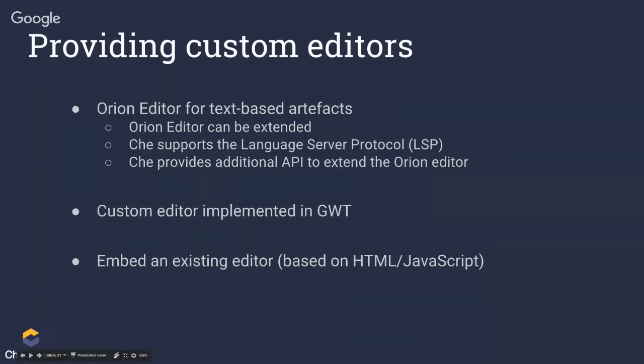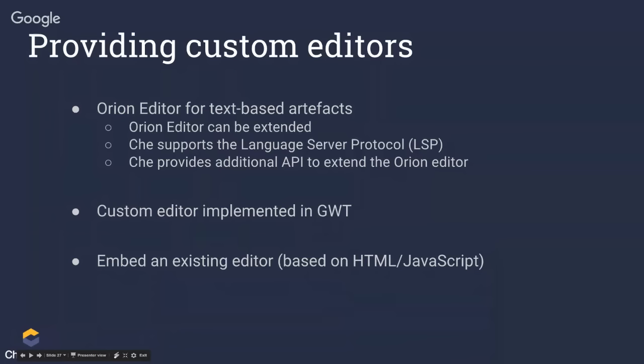Now, one of our goals was to implement as little code as possible and to reuse other existing components. So we didn't want to write a new component in GWT. What we wanted to do is to embed an existing editor, and more precisely, an existing editor which is based on HTML and JavaScript.